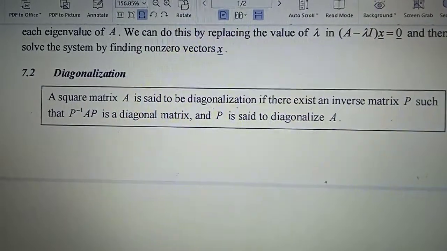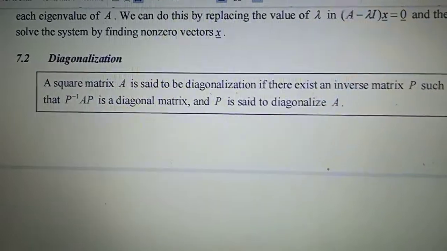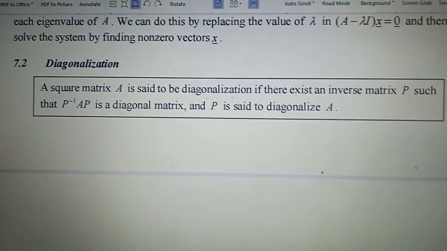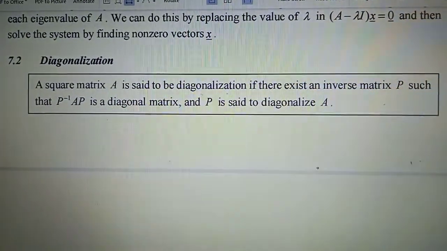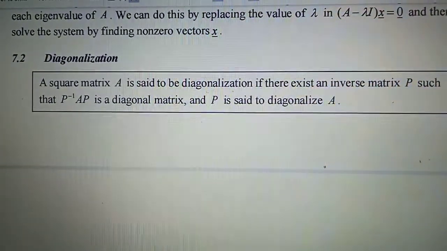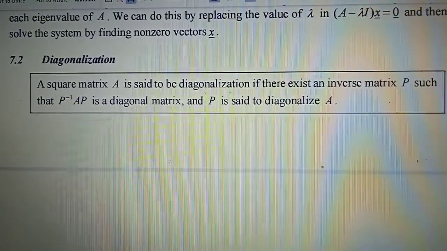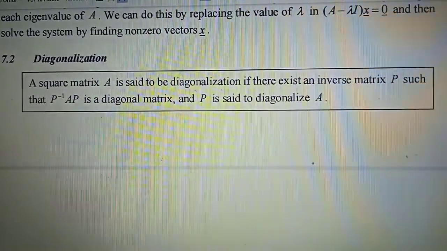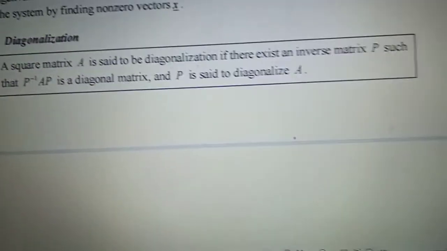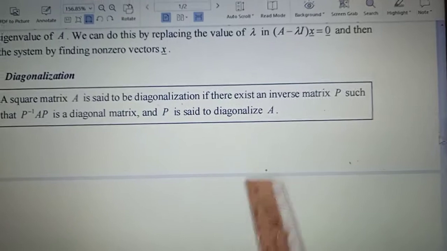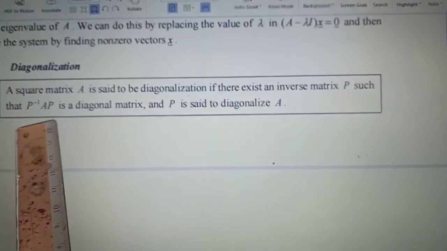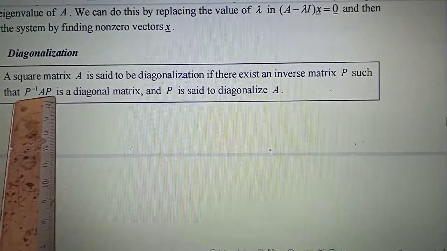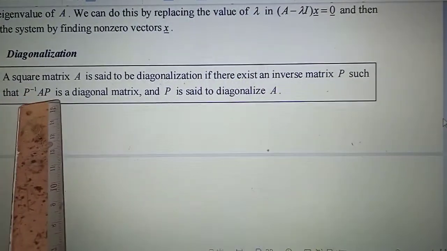Okay, next is diagonalization. A square matrix A is said to be diagonalizable if there exists an invertible matrix P such that P inverse AP is a diagonal matrix, and P is said to diagonalize A. So the key point here is using P inverse AP.